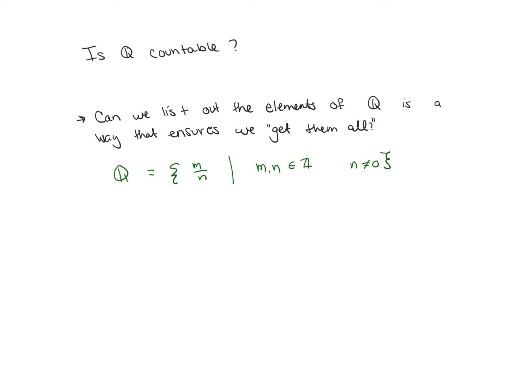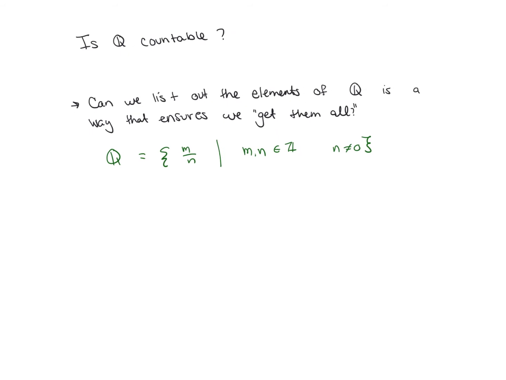So how can I think about listing out all of my rational numbers? One way we might do it is to think about the numerators. So I can have 1 as a numerator, or 2, or 3, or 4. Maybe we should plug in the negative numerators as well, just so we're not missing anything. And then I could have my denominators: 1, 2, 3, 4, 5, and so forth.